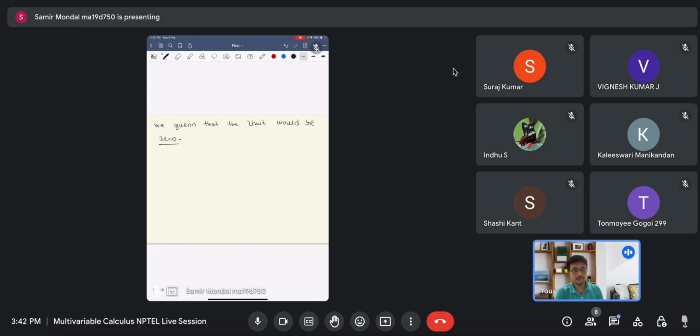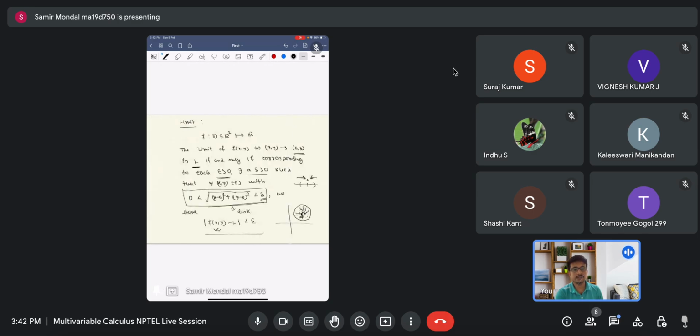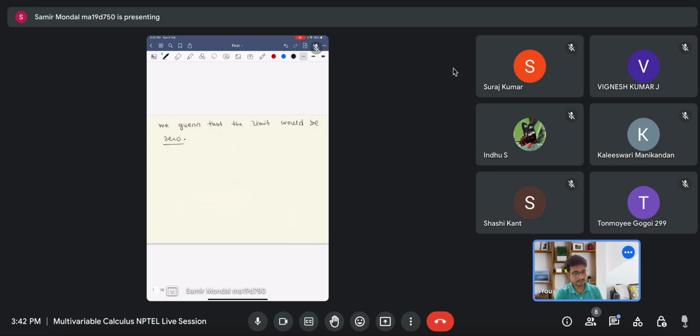So from the definition, we have to assume that an epsilon greater than 0 is already given. We have to find a delta. Okay, is it or not? Let's start with epsilon greater than 0 given. So what is our aim? Our aim is to find a delta.